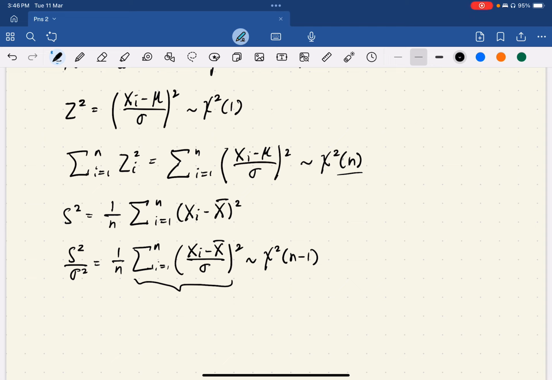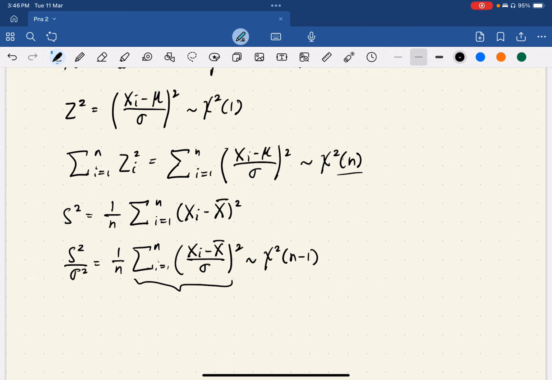Why n minus 1? You can look it up online, but the way I understood it at least is that the degree of freedom reduces every time you need to estimate a quantity. For example, in order to estimate the sample variance, you need to estimate the sample mean, right?